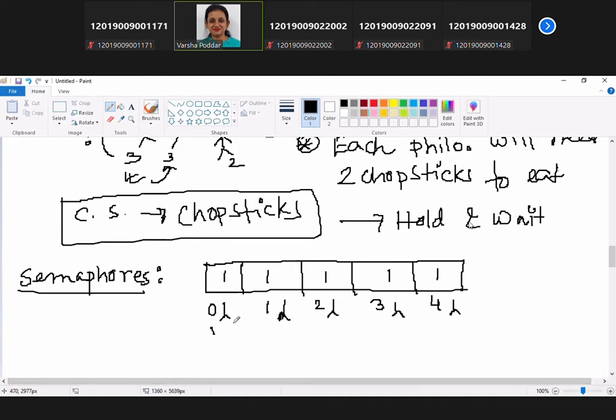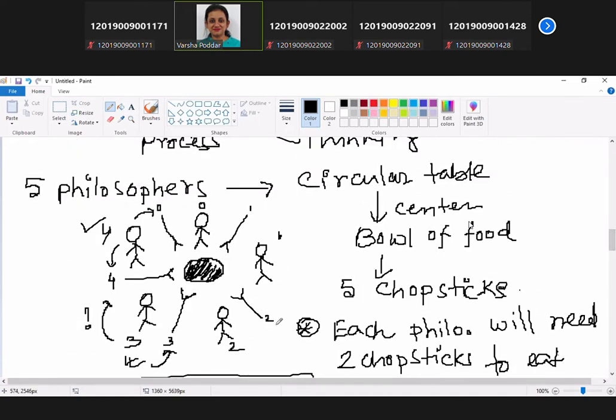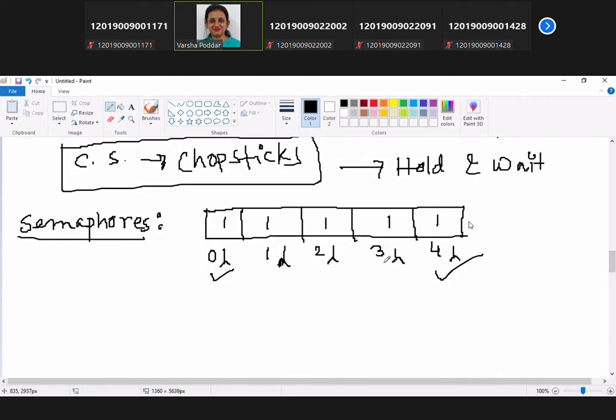If I deal with number 4 and number 0 at a time, then 1, 2, 3 are fine. Suppose at that time philosopher number 2 is trying to acquire 2 and 3. I can see both semaphores 2 and 3 are available, so they can eat. There is no problem.